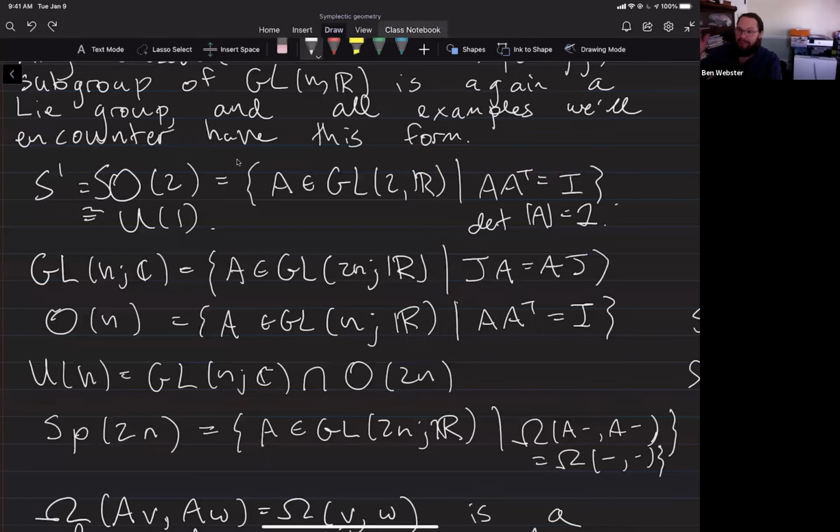You just have to remember that you're thinking of everything as a real manifold, but you can also think of GL_n(C) as a subgroup of GL_2n(R) via thinking about complex structures that we've done before. So you take R^2n, which has a standard complex structure that makes it into C^n, and you want to look at linear maps of R^2n to itself that commute with that complex structure. So they're complex linear. You can write that as just it commutes with this matrix J.